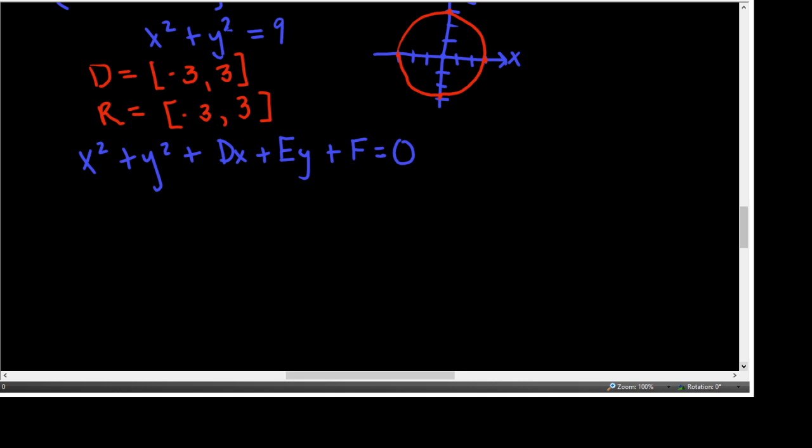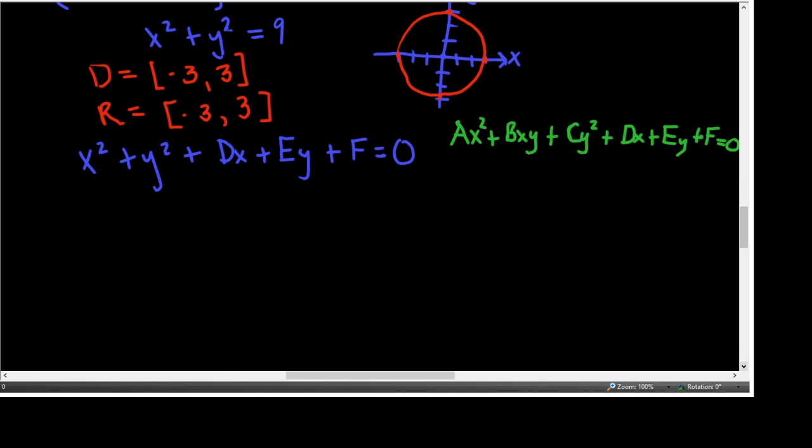What this is coming from as a basis, let me just say this off to the side very quickly, is that we're dealing generally with all conic sections with something that has this form: ax squared plus bxy plus cy squared plus dx plus ey plus f equals 0.